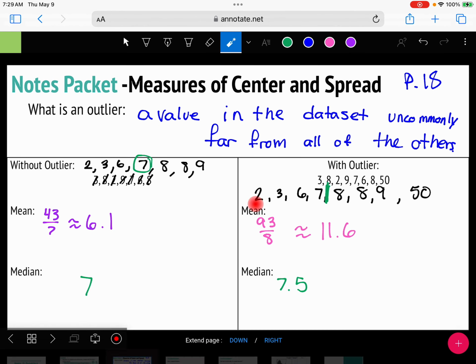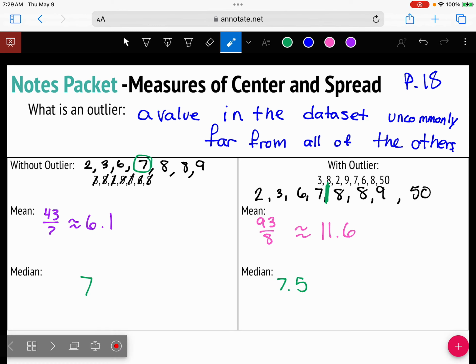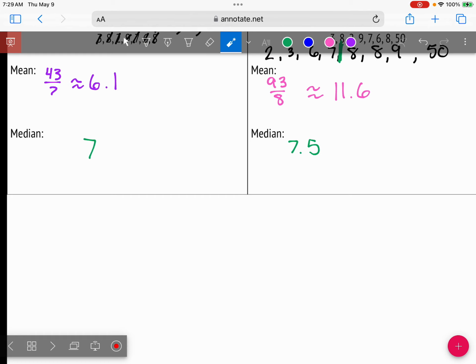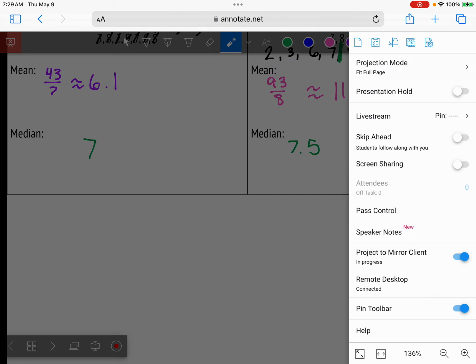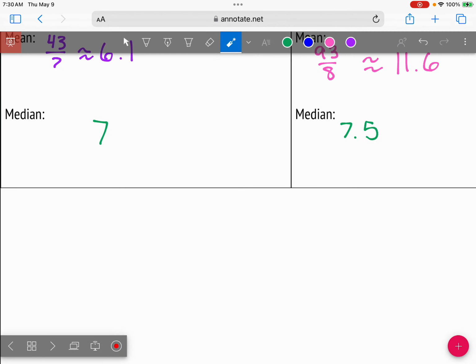So the very last piece on this first page is asking about, and I didn't actually put it up here, when we use mean and when we use median. It says, because of this, how do we find the best measure of center with and without an outlier?